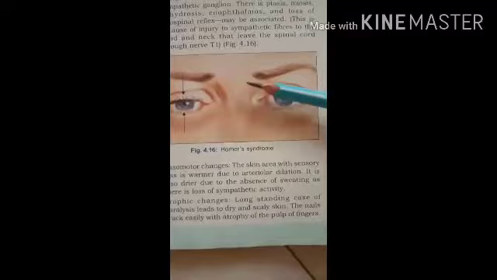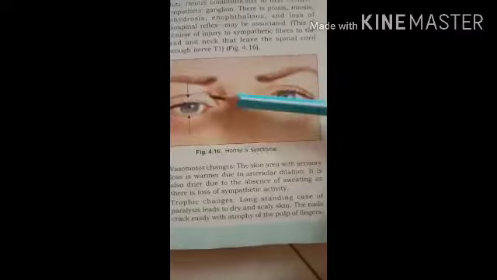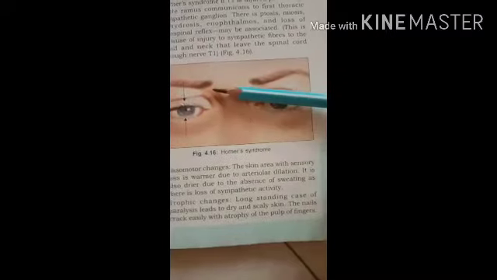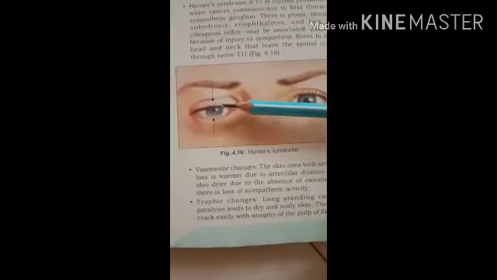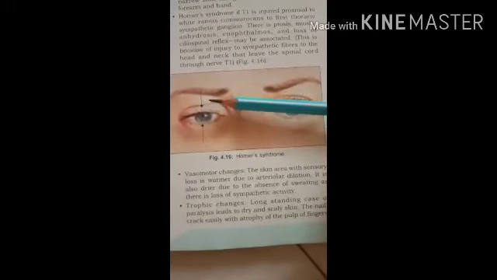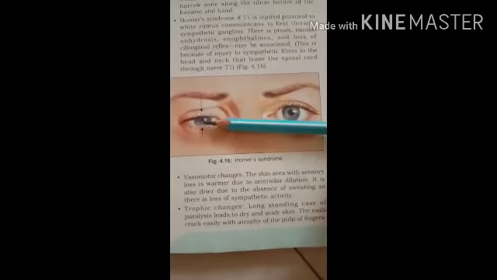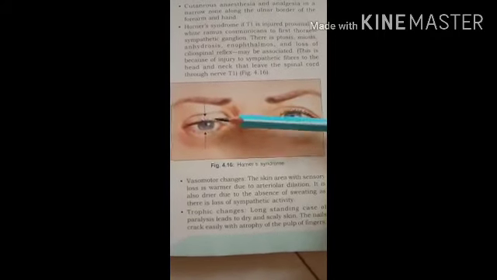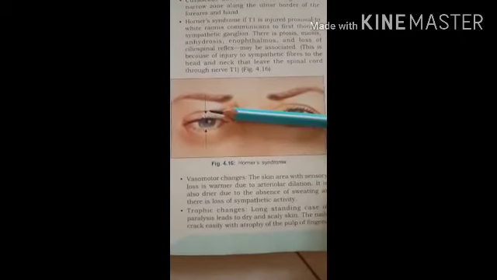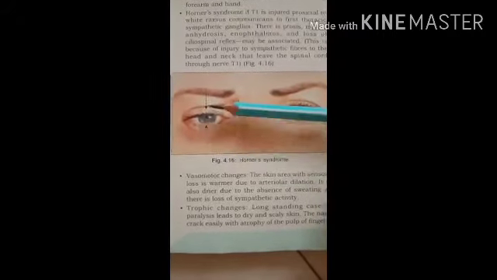The next clinical point is Horner's syndrome. If T1 is injured proximal to the white ramus communicans to the first thoracic sympathetic ganglion, there is ptosis, meaning drooping of the upper eyelid, miosis, enophthalmos, and loss of the ciliospinal reflex. This occurs because of injury to the sympathetic fibers to the head and neck that leave the spinal cord through the T1 spinal nerve.